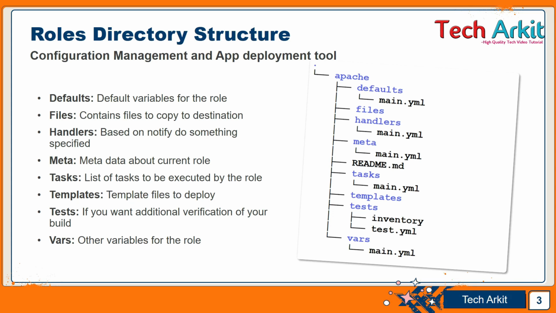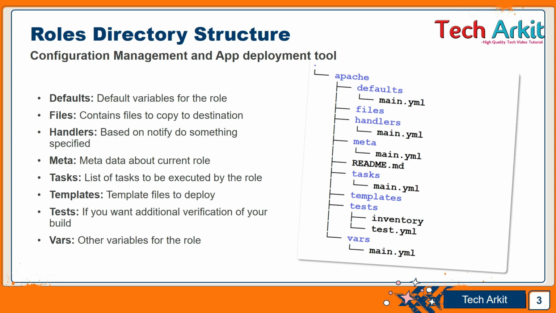The files directory contains files to copy to the destination, for example configuration files, or app files you want to deploy, or many more files you want to copy from here to the remote client. So you can drop all those files into this files directory.